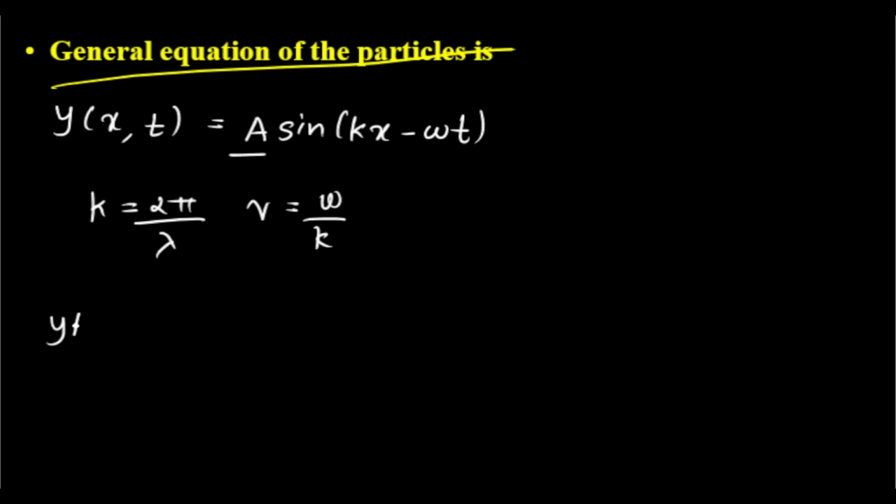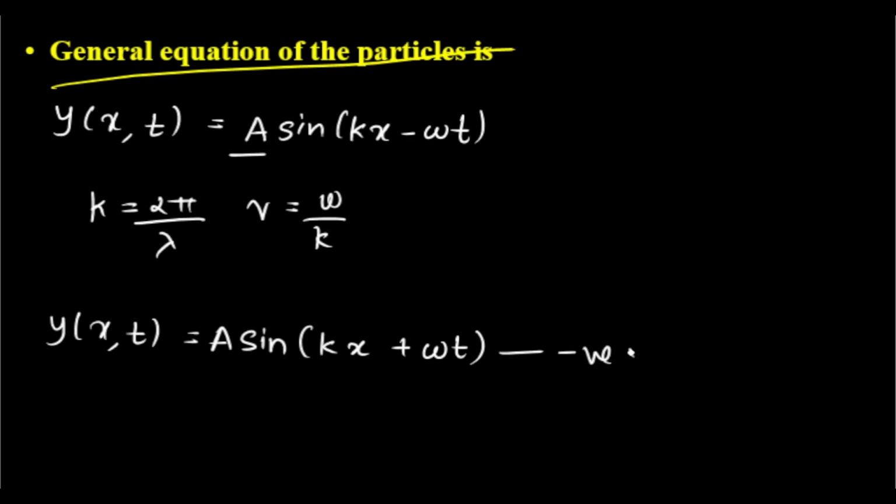One more we have: y as a function of x comma t is equal to a sine (kx plus omega t). Here this is along the negative x direction and the other is along the positive x direction.